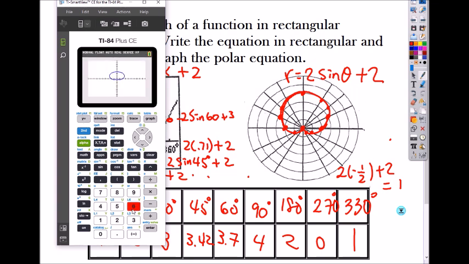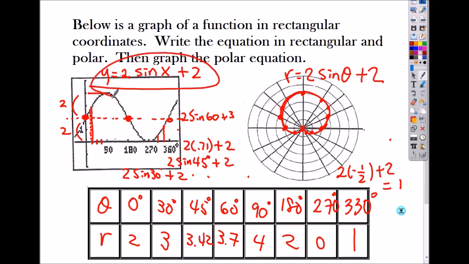And you can check the shape of the graph. Okay? Here, same thing. It has the same x and y in terms of r and theta, right? We didn't have to convert anything. It's just the same r and theta. The same equation.